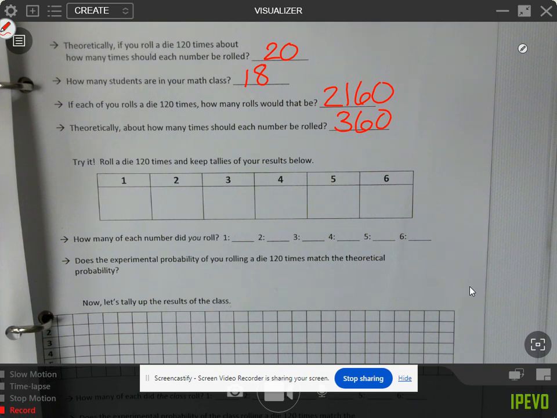Okay. With the coin flips on the first page, you're flipping the coin, putting in how many heads, how many tails, and then we're going to combine it tomorrow for our class, what we're getting.